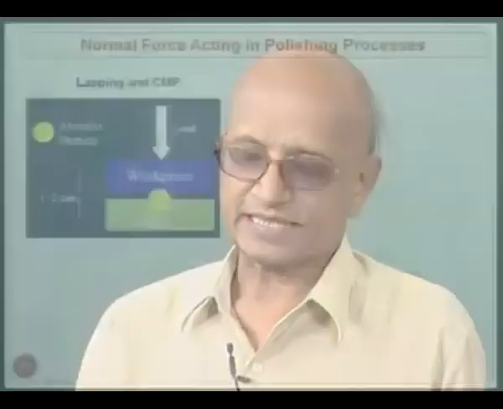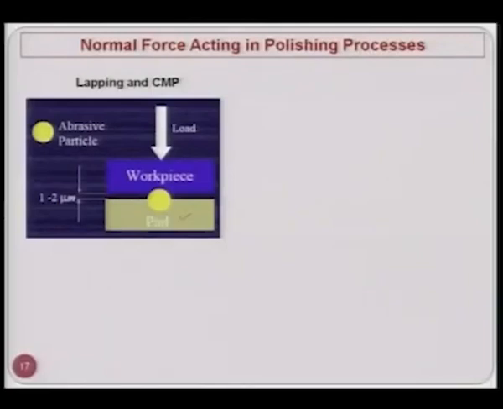As you can see, here is the pad, which is used in lapping as well as CMP, and here are the abrasive particles, and here is the workpiece in blue color. Load is applied on the workpiece, and the abrasive particle penetrates into the workpiece, and this may damage the surface of the workpiece.